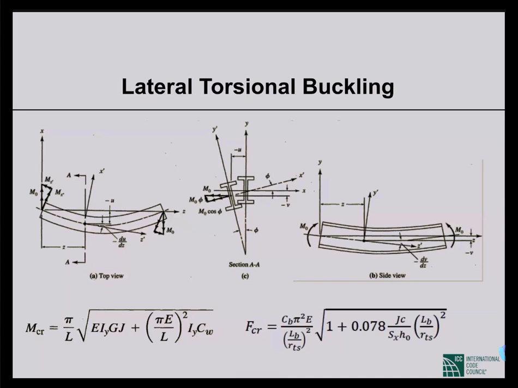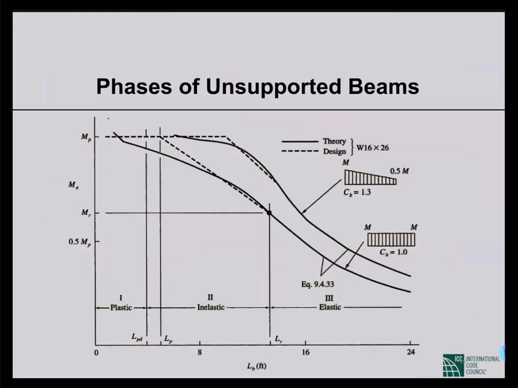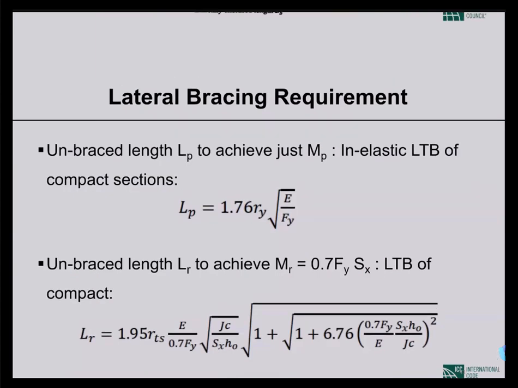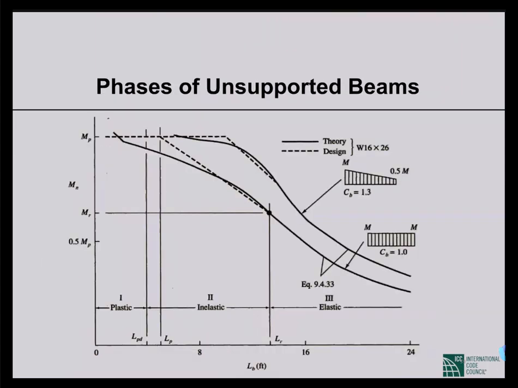In case of lateral torsional buckling, along the length, there will be bending and lateral torsion together. I think I have another picture for that. I forgot to add. Anyway, tomorrow I'll show another picture for lateral torsional buckling.